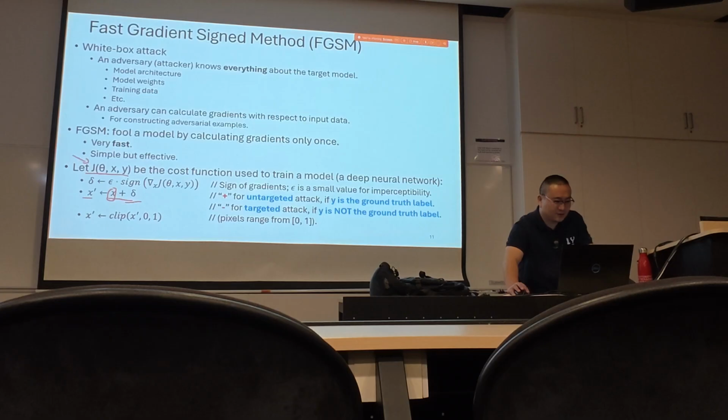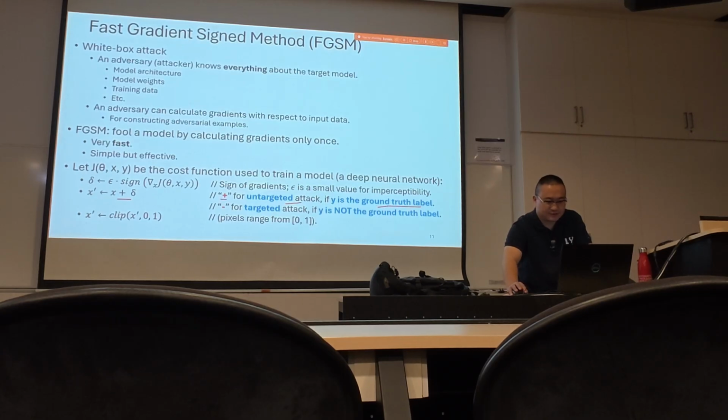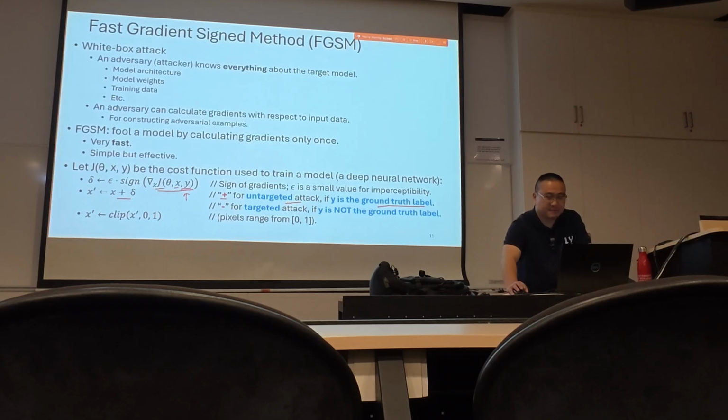In this setting, y is the ground truth label. Here you can see that we use the plus sign for the untargeted attack. If y is the ground truth label, y is the panda. So we calculate the loss when the input is a panda and the label is also panda. Given the panda image, we want to calculate the error that the model predicts it as a panda.